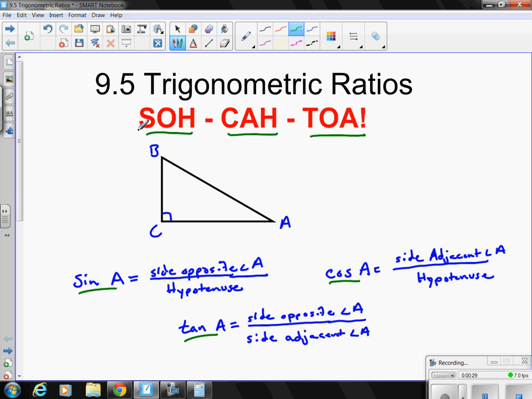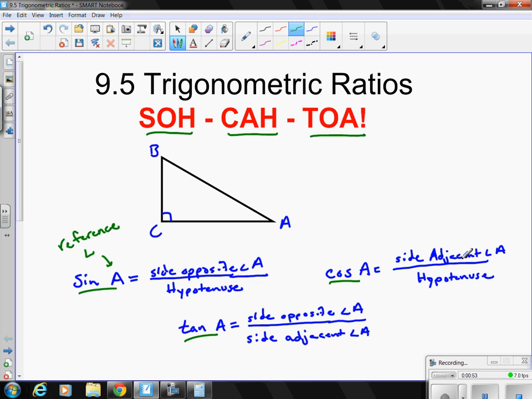This stands for sine is the opposite side, the side opposite of our reference angle, A. Label that my reference angle. So the side opposite the reference angle over the hypotenuse.